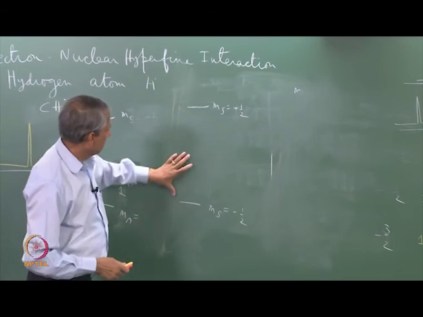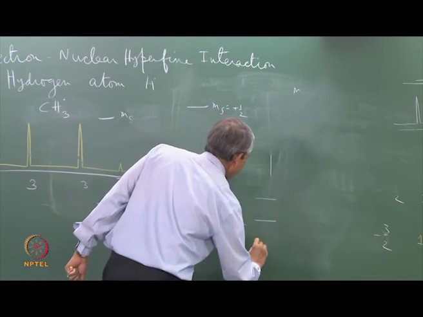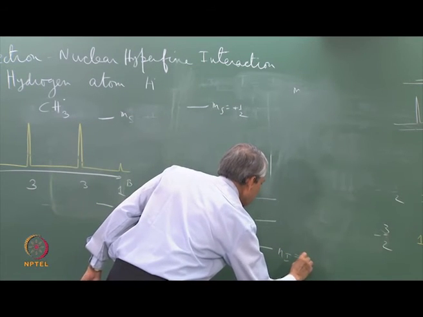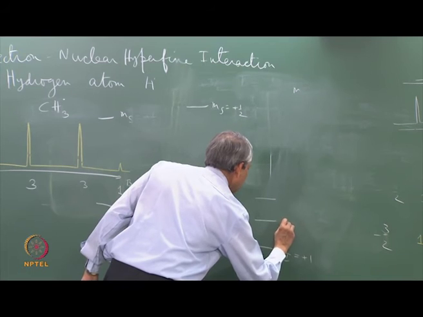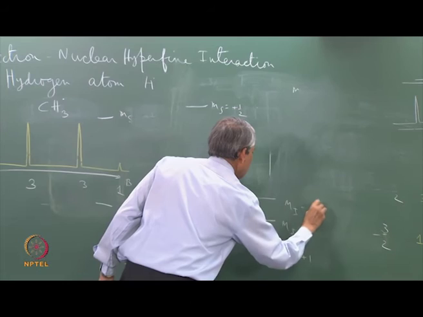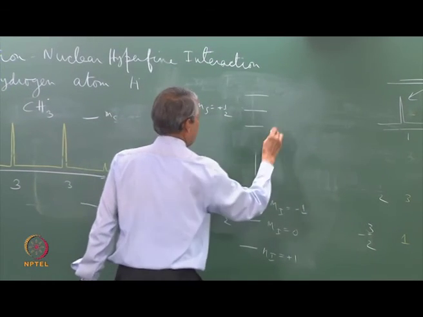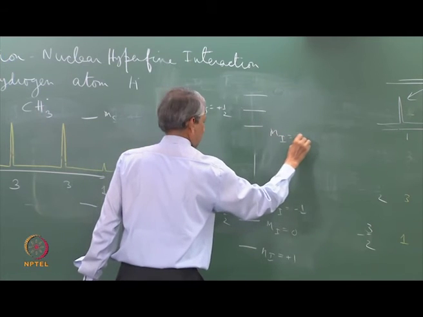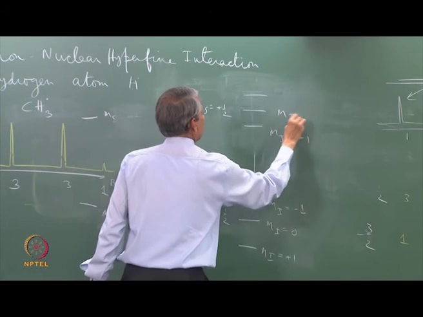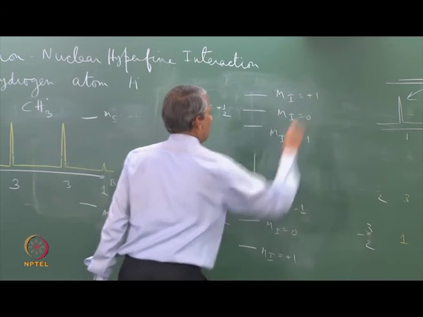So, when this electron sees the presence of the nuclear spin, it will split into 3 energy levels, Mi equal to +1, 0, -1. This will split into 3, Mi equal to -1, 0, +1.